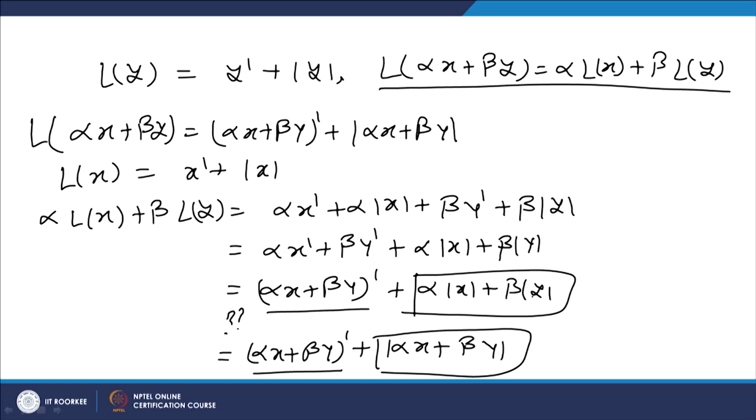So, we see that it is not always true that alpha Lx plus beta Ly is equal to L of alpha x plus beta y. So, these two are not matching, which means the LHS is not equal to the RHS. So, we can say that this operator L, defined like this, is not a linear operator.